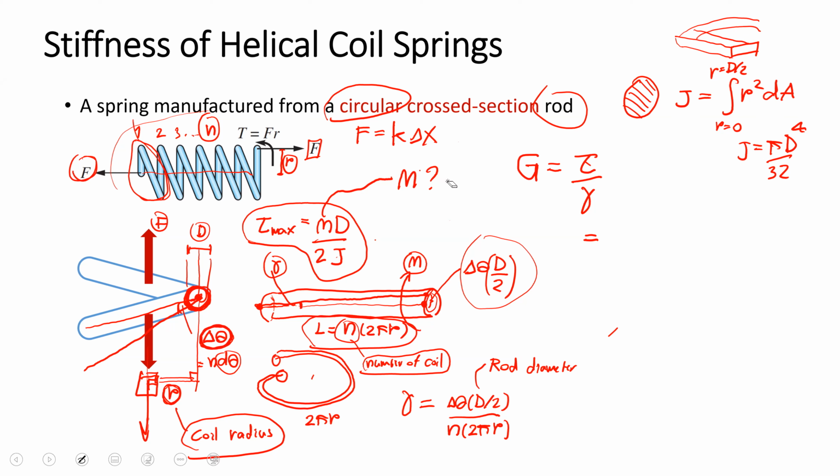So M is equal to the force multiplied by the radius of the coil.